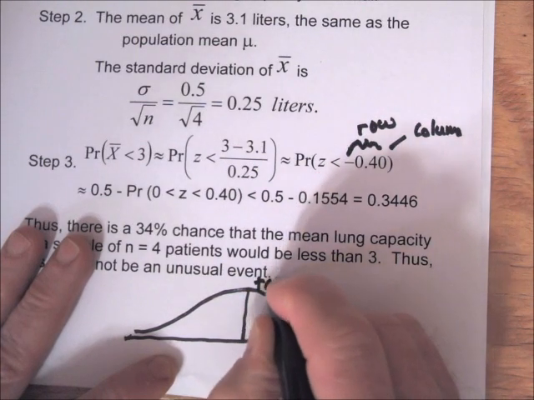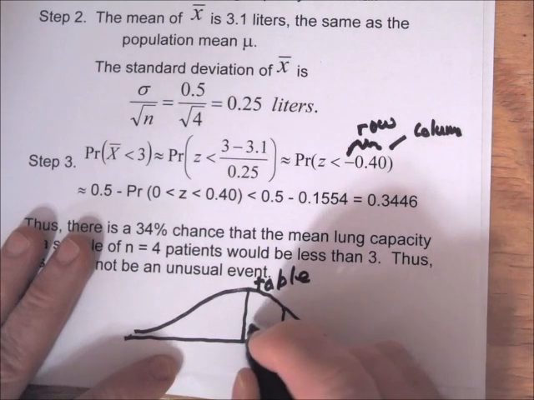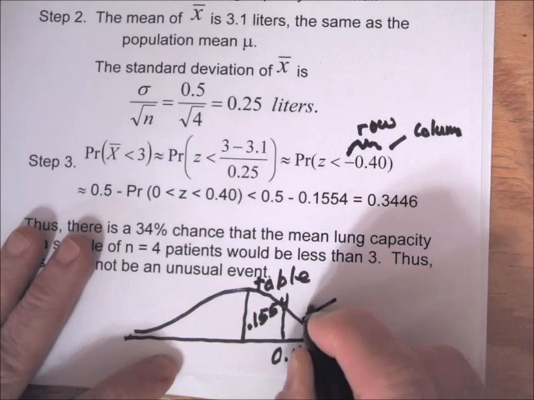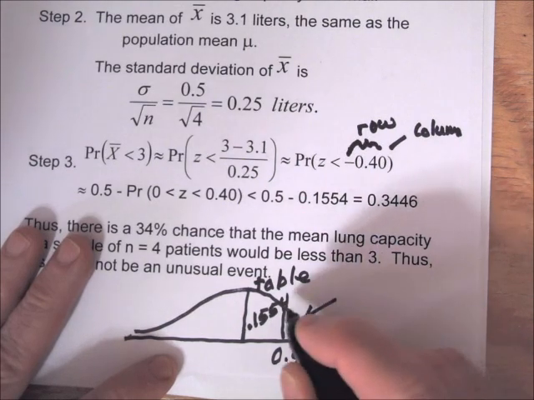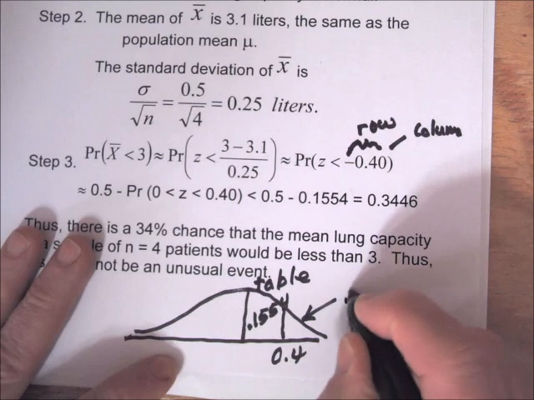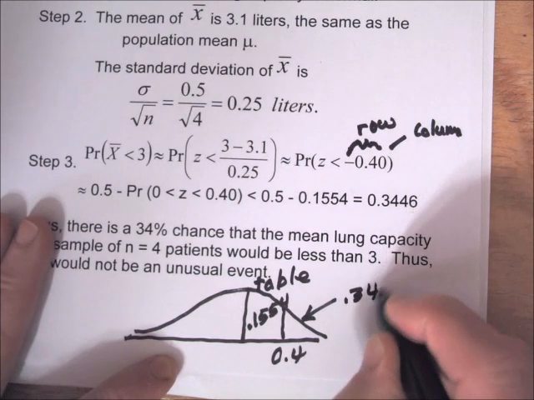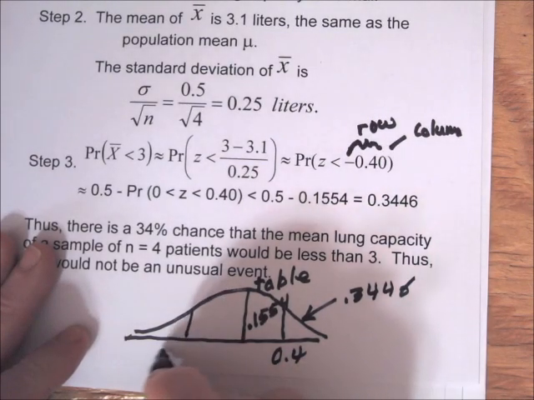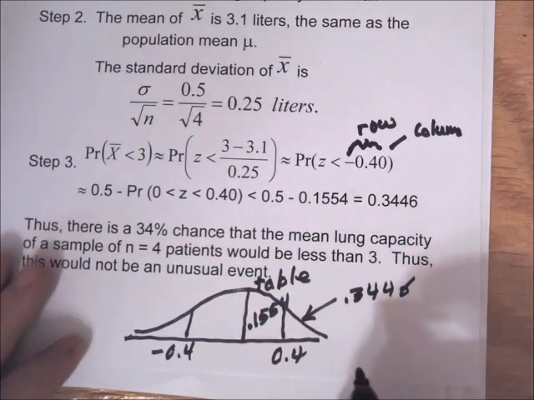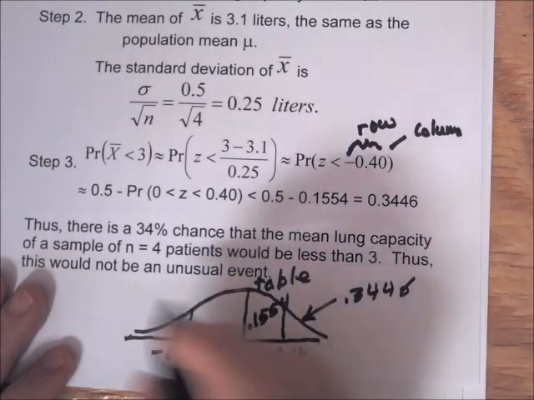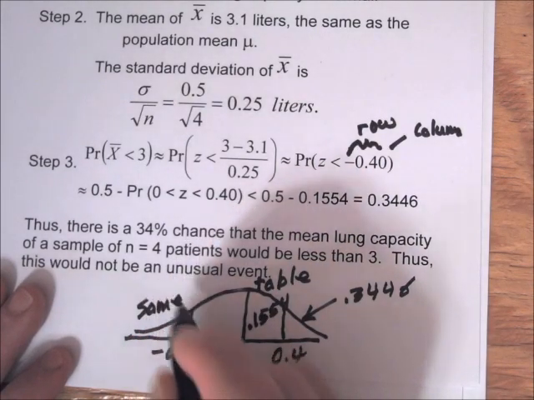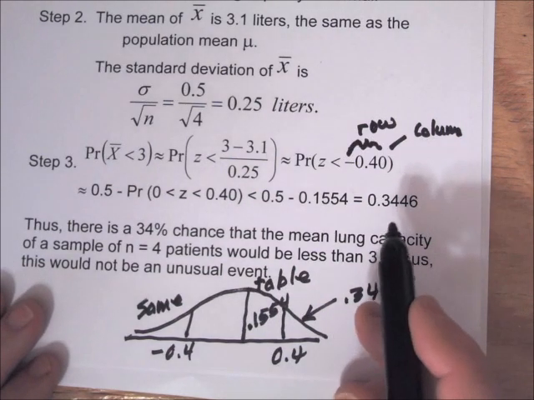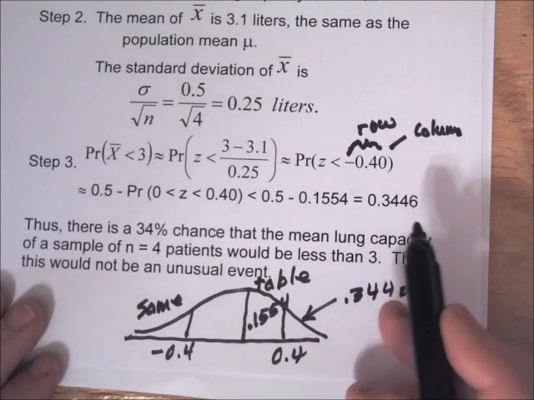So what's in the table is 0.1554, and this piece here is going to be 0.5 minus the table value, which is 0.3446. And what we actually want is the probability that z is less than negative 0.4. But the left tail is the same as the right tail. So our probability is 0.3446, or approximately 0.34.